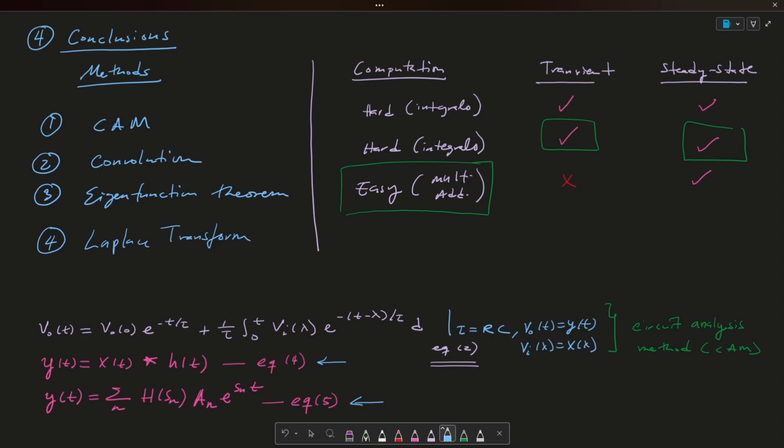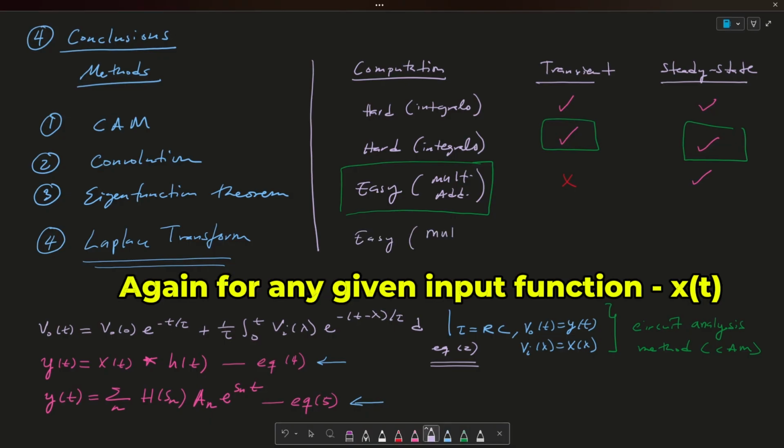Now, a lot of students know about the Laplace transforms, but they don't know or understand how powerful it is. So I hope this video breaks down and shows you exactly why we need the Laplace transform. Specifically, the computation is easy using things like multiplication and division versus integrals, and we get my transient and my steady state response in my solution.